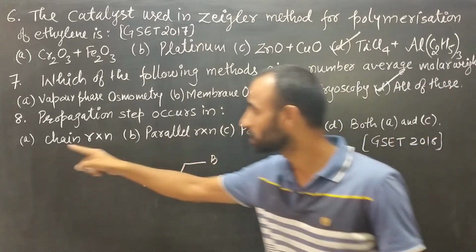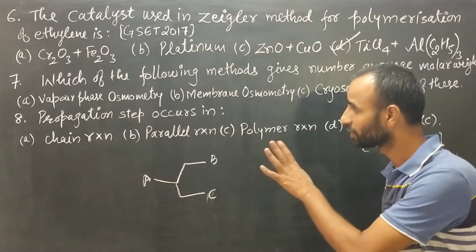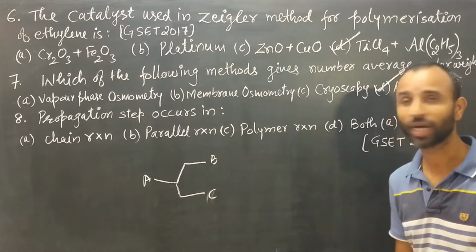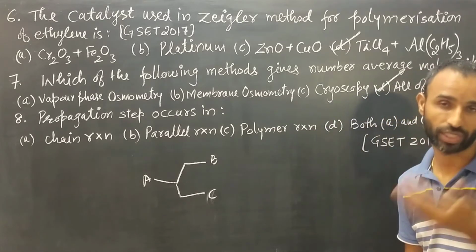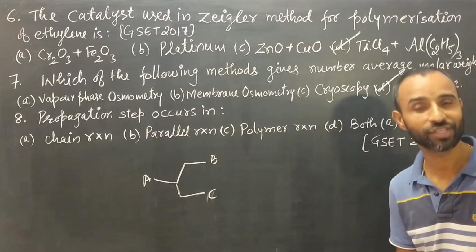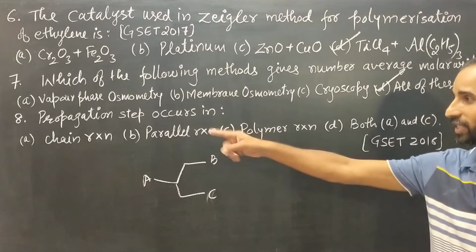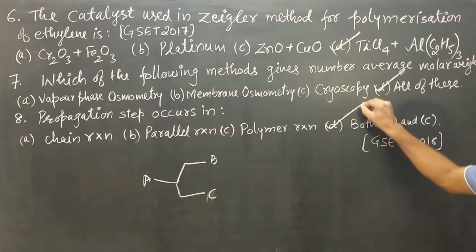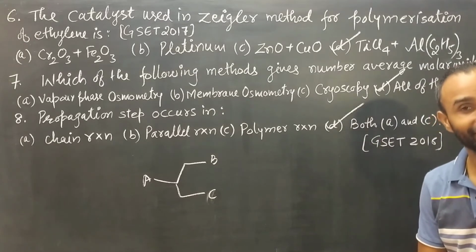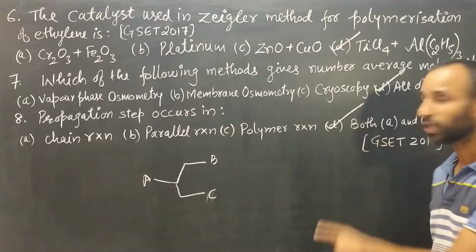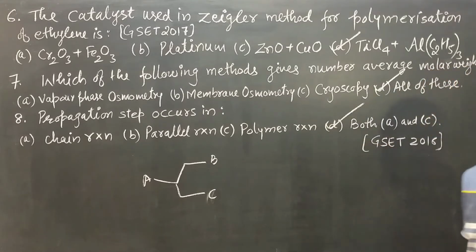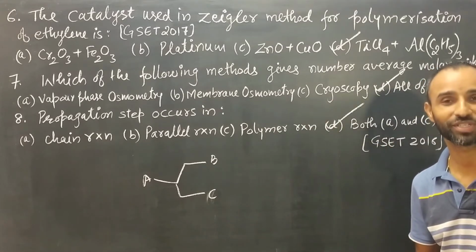So A and C both are under the heading that a propagation step occurs in chain reaction, and chain reaction leads to polymer formation, right? So polymer reaction and chain reaction, both A and C, right? Okay, so these are the questions up to 2016. Just note down, then we will go to the next question.